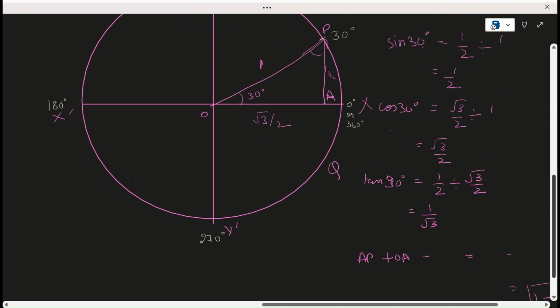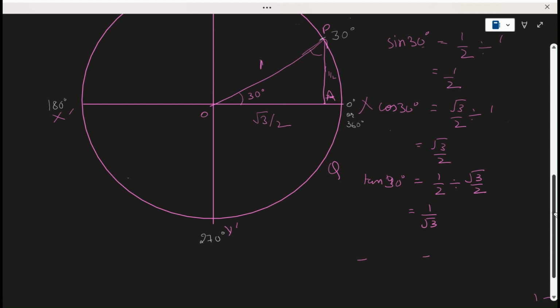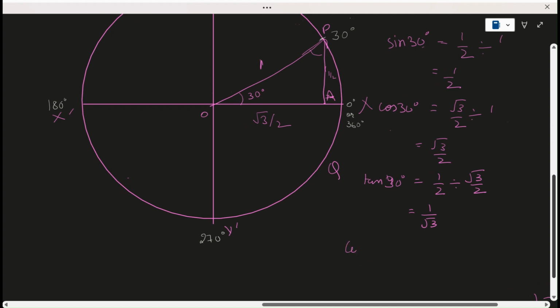Then we have cot 30 degree, that is inverse of tan, or base upon perpendicular, that will be under root 3.